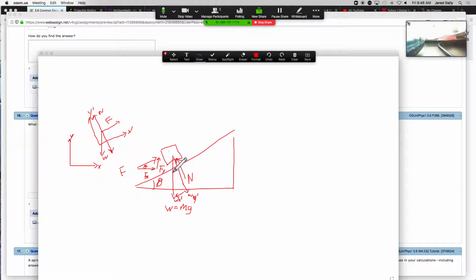And this angle here will be our theta now. So the weight vector has two components, x prime and y prime. The x prime is opposite the theta, so that's going to be equal to the weight times the sine of theta. And then the weight in the y prime direction equals weight cosine theta.